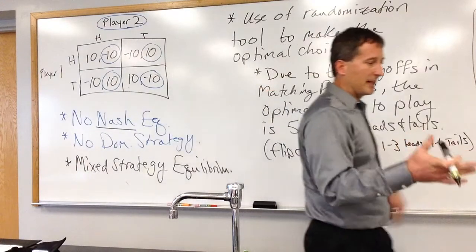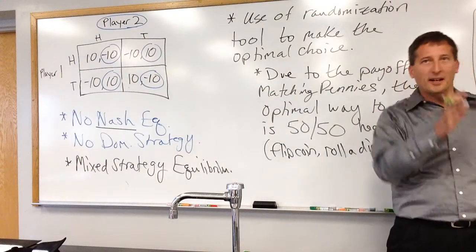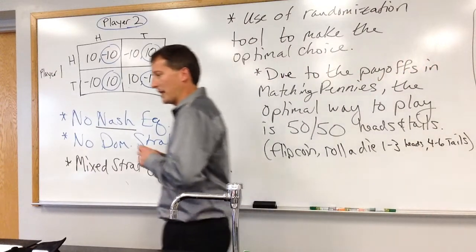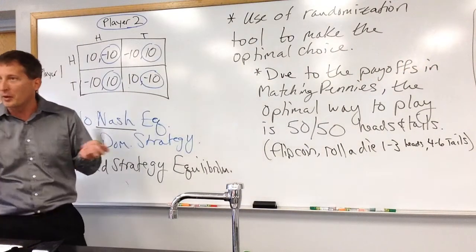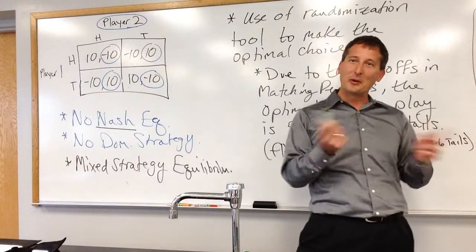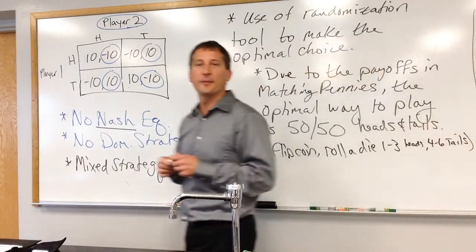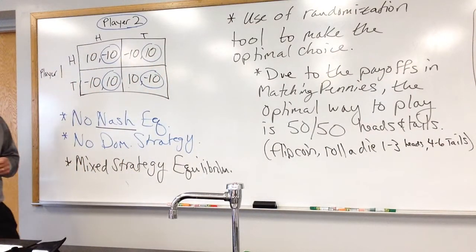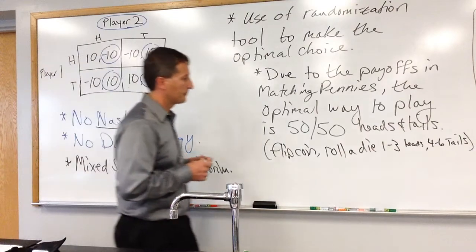Now, when you're playing the game, if you had to choose, you might just kind of try to arbitrarily play each one 50-50, and that might work pretty well. Maybe your human bias will kind of lead you to doing one more than the other for some reason. But that is a mixed strategy equilibrium.